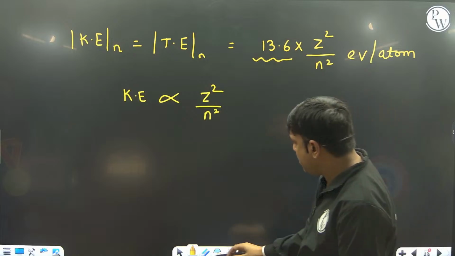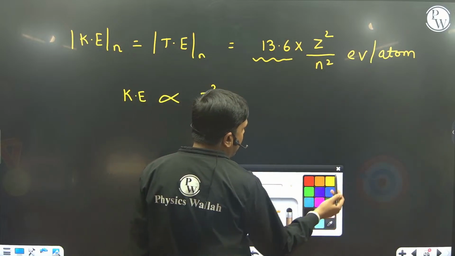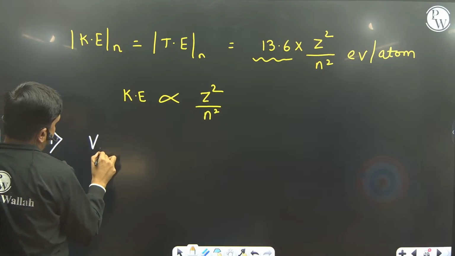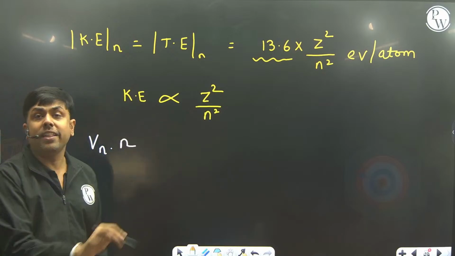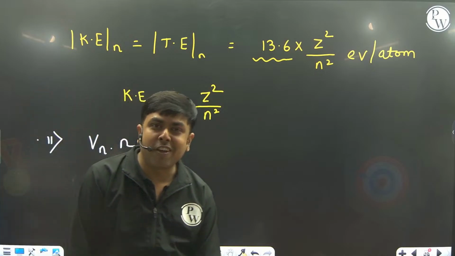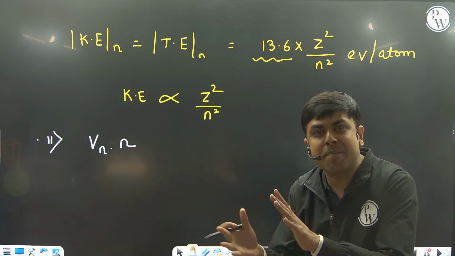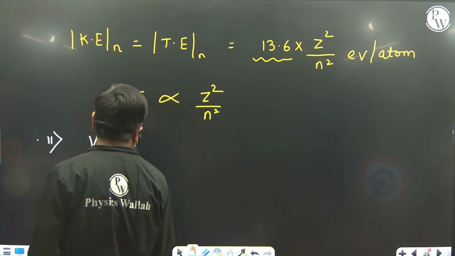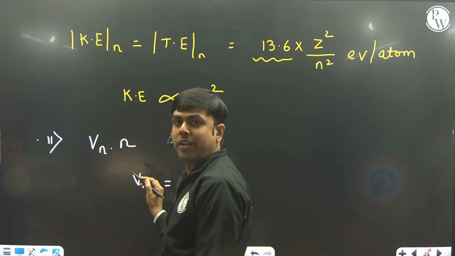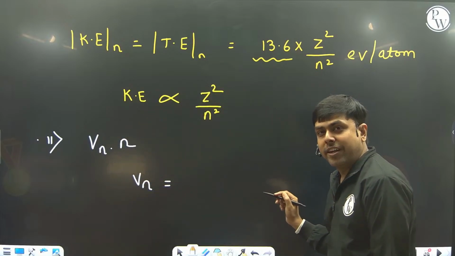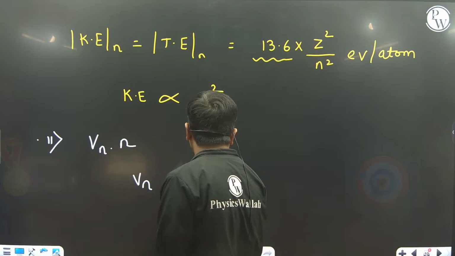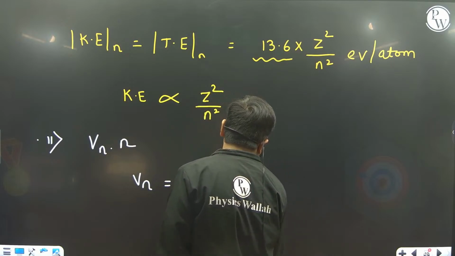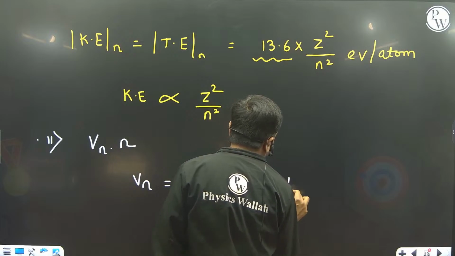Velocity multiplied by principal quantum number. So what they want from the second option is the product of Vn into n: velocity of electron in the nth orbit multiplied by the principal quantum number. What is the velocity of electron in nth orbit? It's 2.1 into 10 to the power 6, right, into z by n. Let me write it as constant k dash into z by n meter per second.